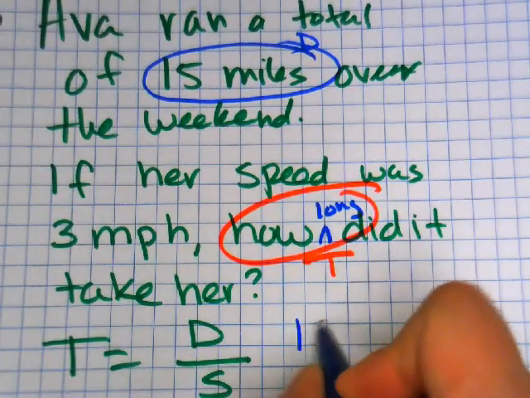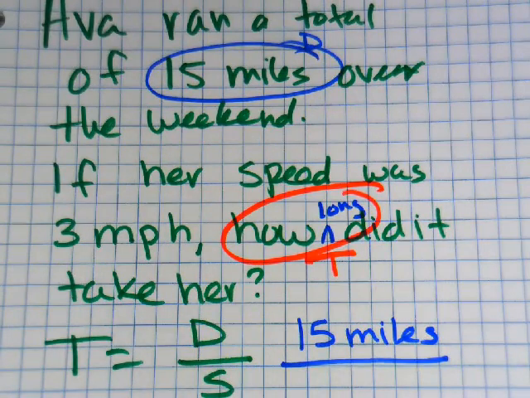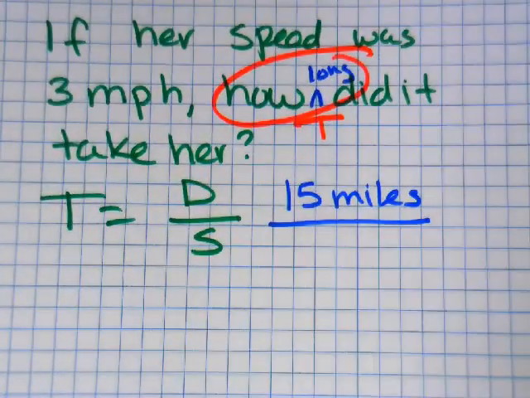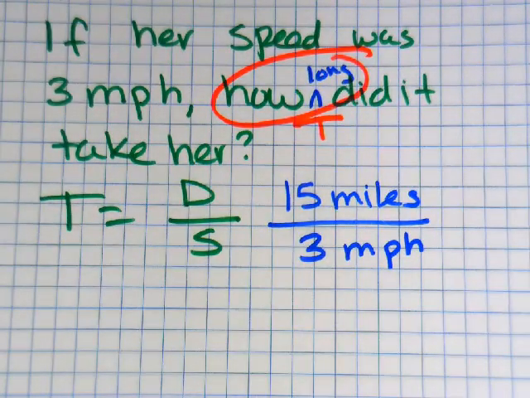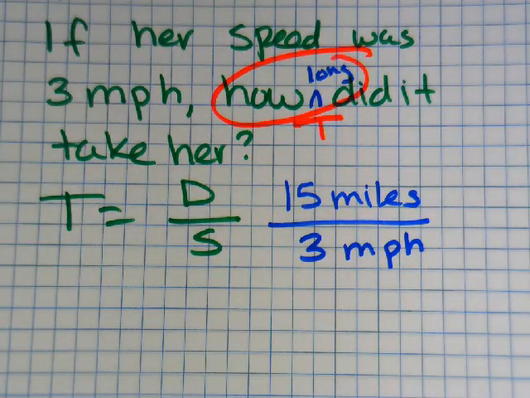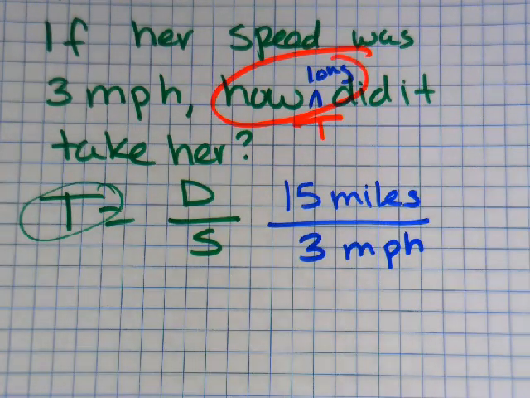So 15 miles. When I grade you on this, I will be grading your units. So if you use the wrong units in your final answer, you get it wrong. So units count. So pay attention to how I'm going to do the units right now. What's my speed? 3 miles per hour. We're looking for time, right? So does it make sense for me to say it's 5 miles?